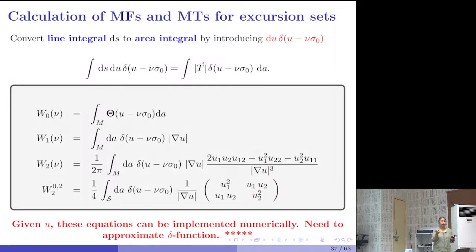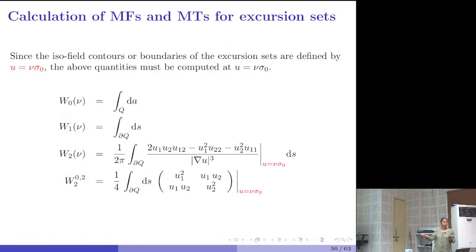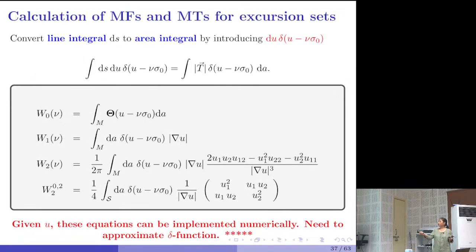The level is identified by the delta function of u minus nu sigma naught. If I introduce in my formula, ds, an integral over du with a delta function, then the ds and the du can be changed into an area integral, and there will be a Jacobian which is proportional to the tangent.